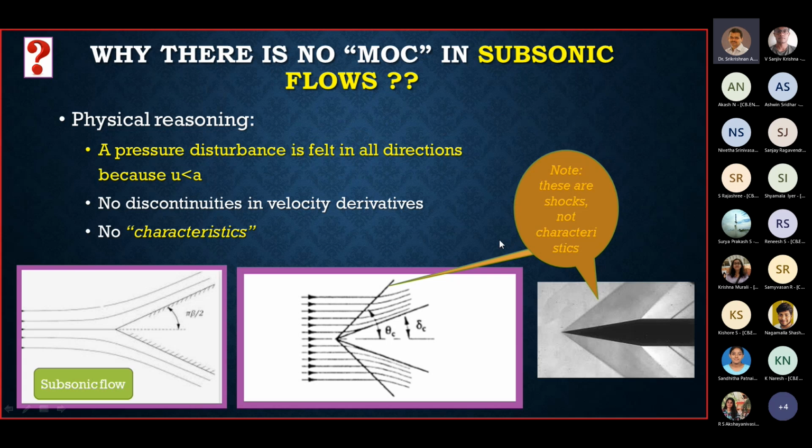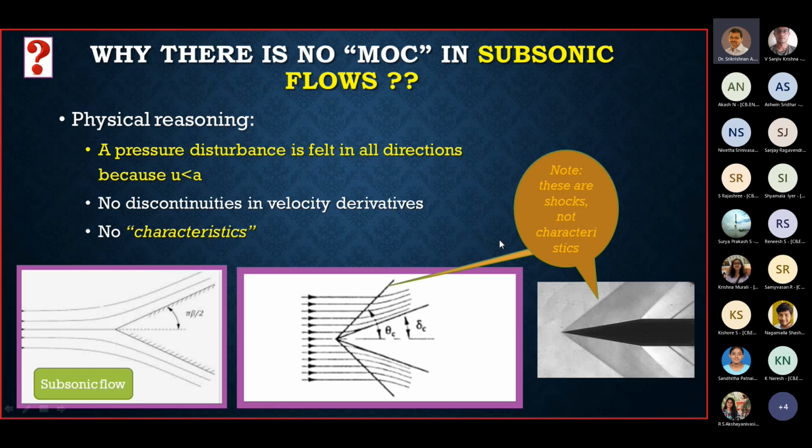Now, just to get clarity: you cannot have characteristics for subsonic flows based on the mathematical form of the solution, the mathematical argument based on the type of the solution. Whereas physically, why is it that you don't have characteristics in subsonic flows?